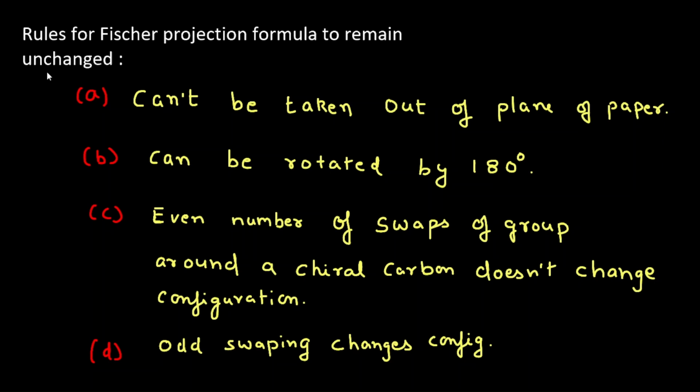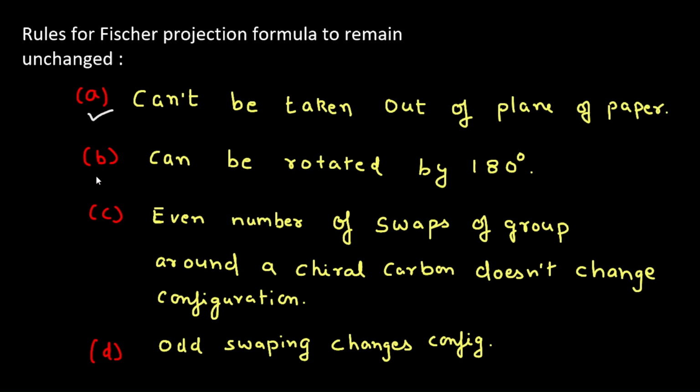Before you start manipulating a Fischer projection without changing its configuration, you have to keep certain things in mind. First of all, while manipulating a Fischer projection and keeping the configuration intact, you should not take it out of the plane of paper. Anything you do, either rotation or swapping of groups, you have to keep on the plane of paper itself.